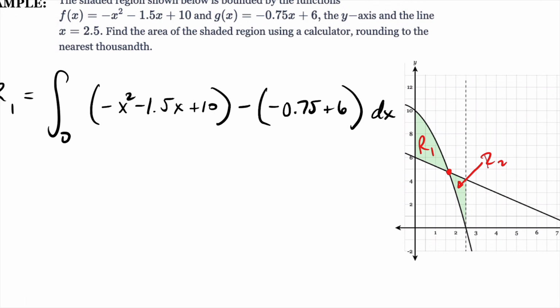How do I find the top bound, or the bottom bound? Actually, it does say, what does it say? Oh, it says 2.5, right? It does say the dotted line is at 2.5. So I don't need to find the bound, because it says this line right here is the line x equals 2.5. Okay, so I don't need that. Good.